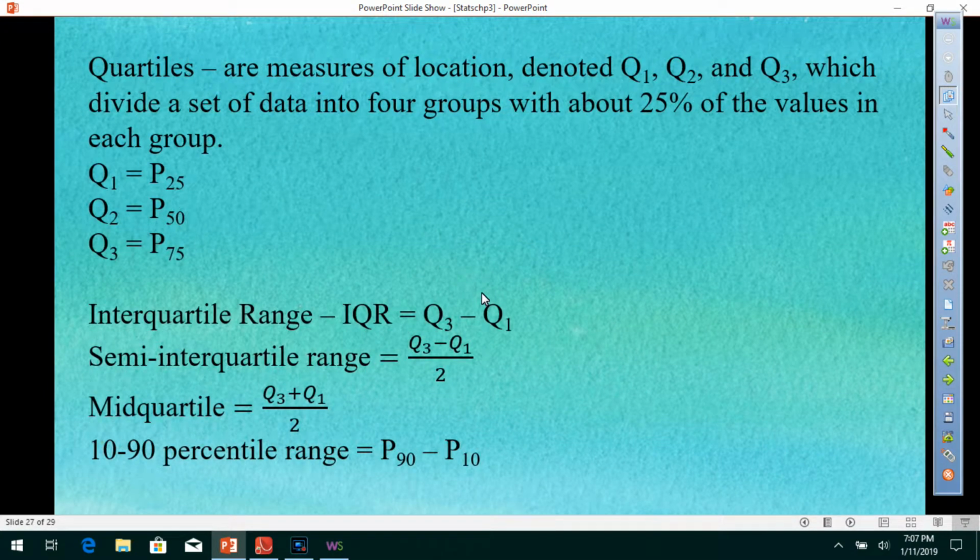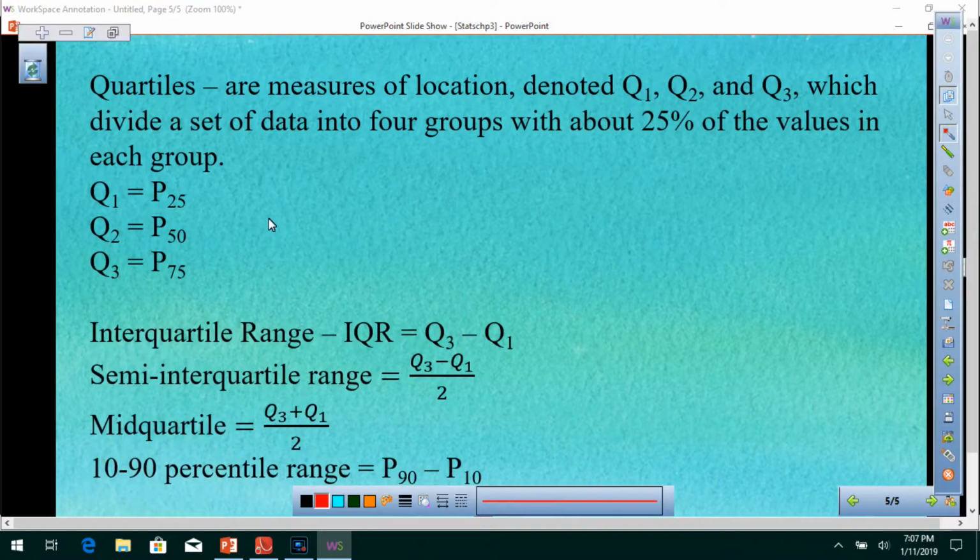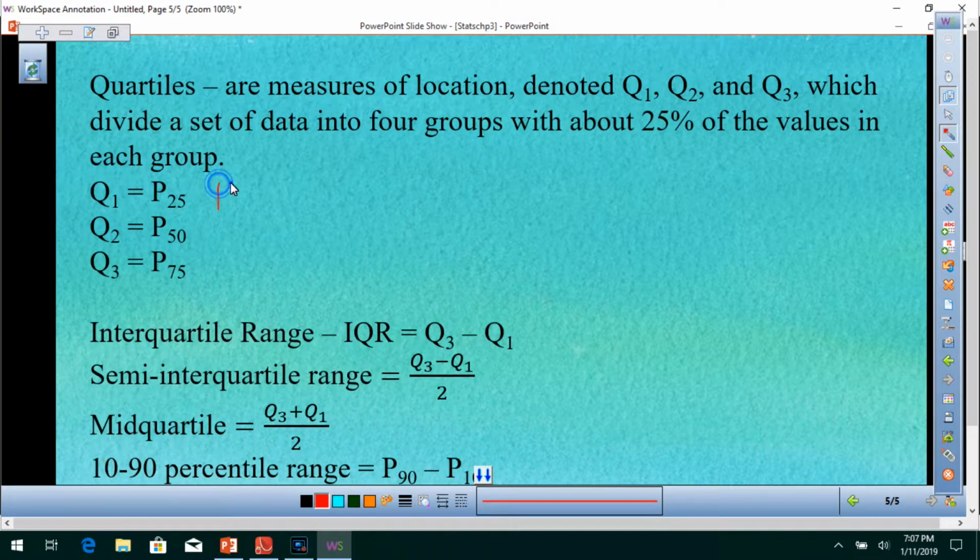Quartiles are measures of location denoted Q sub 1, Q sub 2, and Q sub 3, which divide a set of data into 4 groups with about 25% of the values in each group. So Q sub 1, or P25, is called the first quartile, and it's the same value as P sub 25.